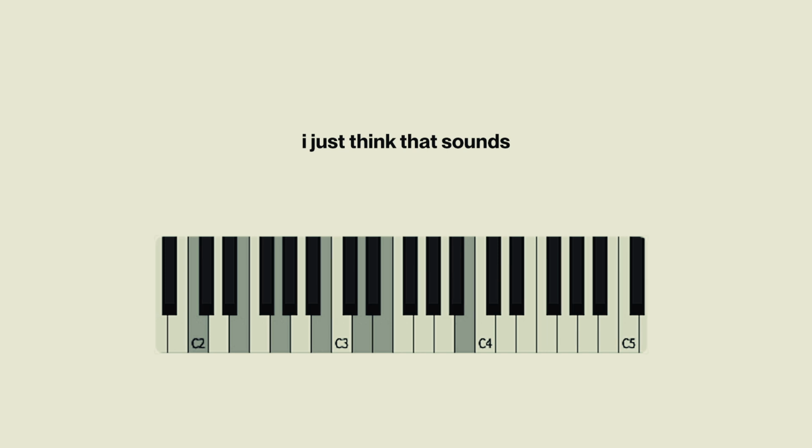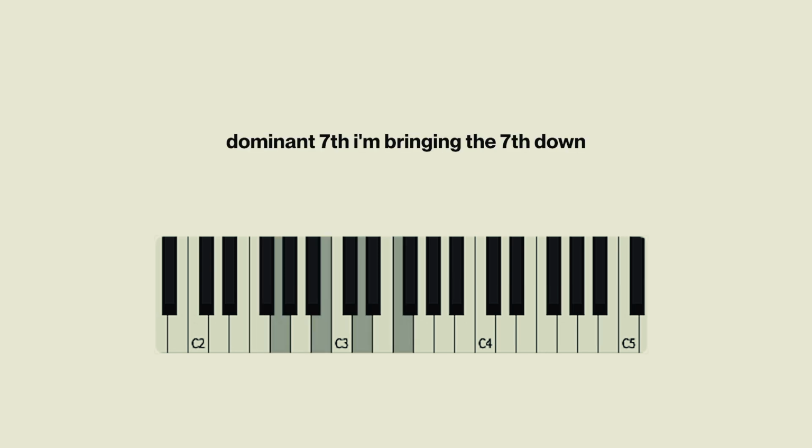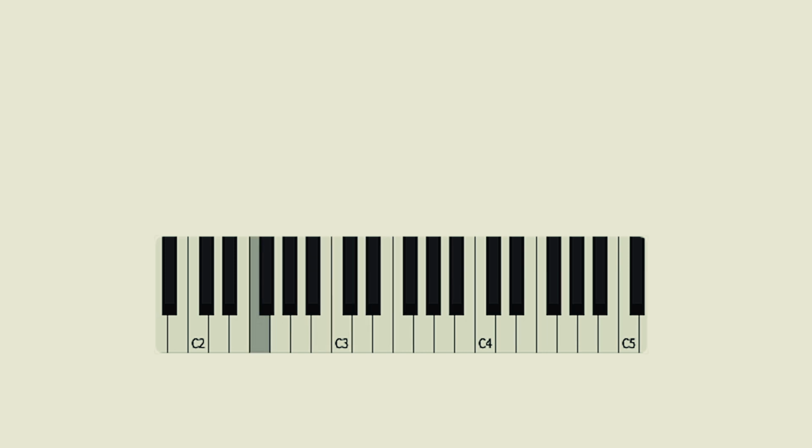I just think that sounds pretty gorgeous, going from that to that. Now what I'm doing here, first of all, in the basic dominant 7th, I'm bringing the 7th down, and then I'm playing the flat 9, 9, and the 13th.